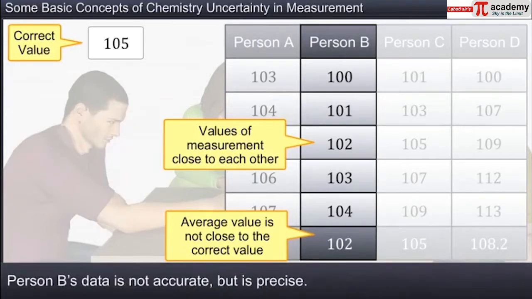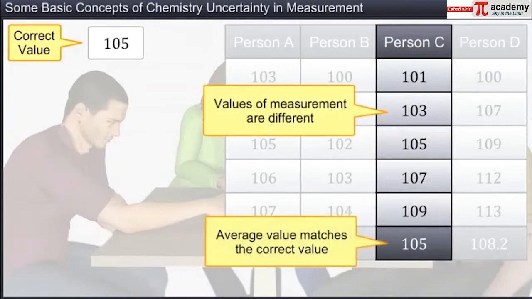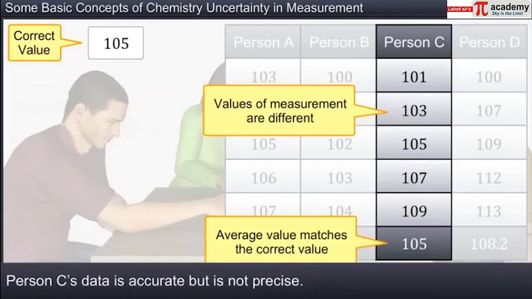Hence, B's data is not accurate, but it is precise. For person C, the average value matches the correct value, but there is a variation between the values of different measurements. So, C's data is accurate but not precise.